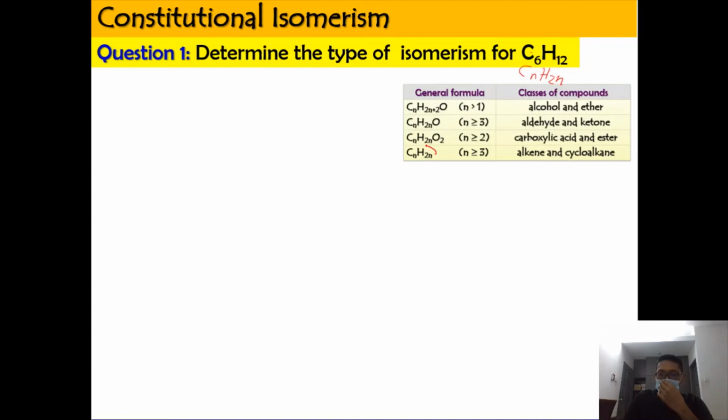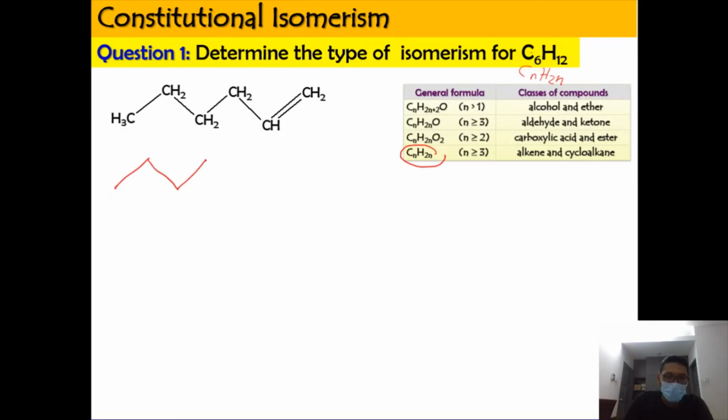So if you were to draw an alkene, you can draw it as the skeletal structure with 1, 2, 3, 4, 5, and 6 carbons. You can also draw the expanded structure if you find it helpful, but for me, I want to simplify it, so I'm using the skeletal structure.